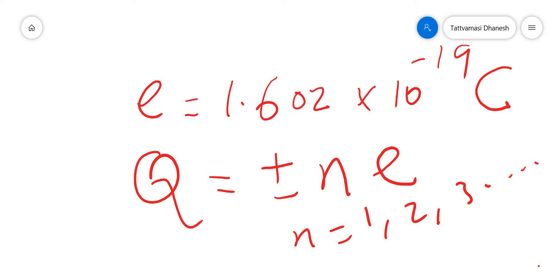After that, we understood Coulomb's law, the mathematical statement for Coulomb. Before that, I will tell you the statement for the board exam. If they are asking what is Coulomb's law, you need to write: the force of attraction or repulsion between two point charges is directly proportional to the product of the charges and inversely proportional to the square of the distance between them.